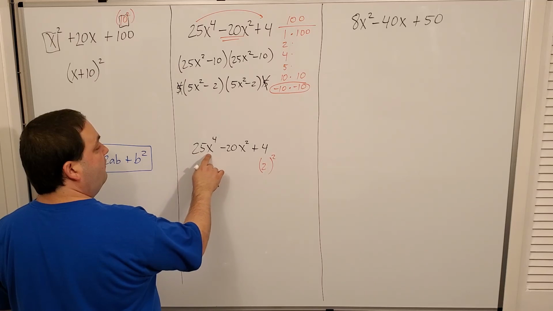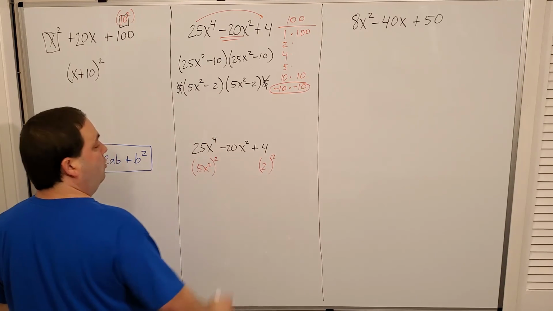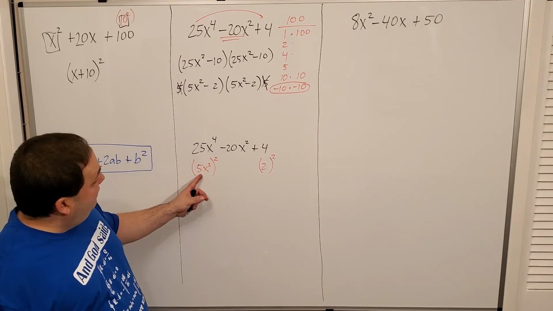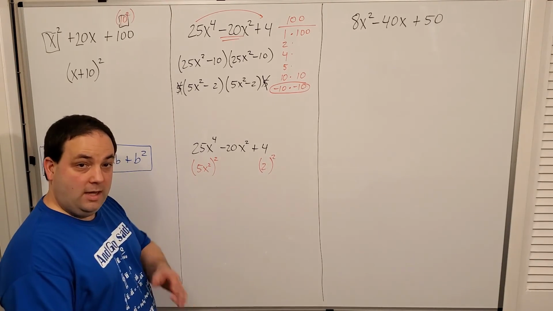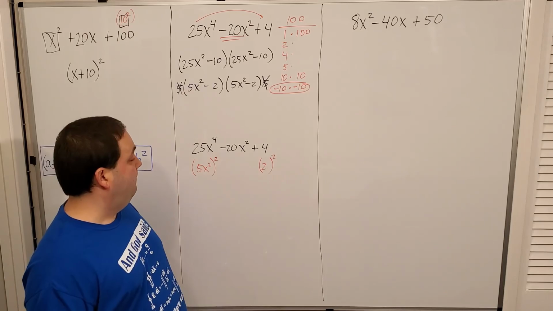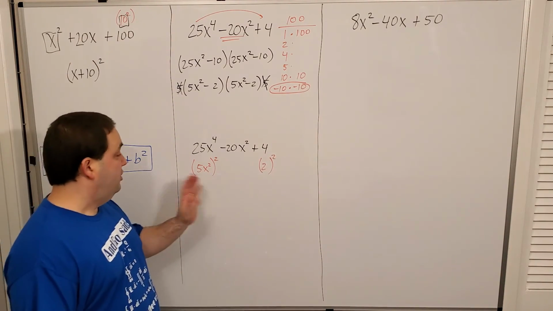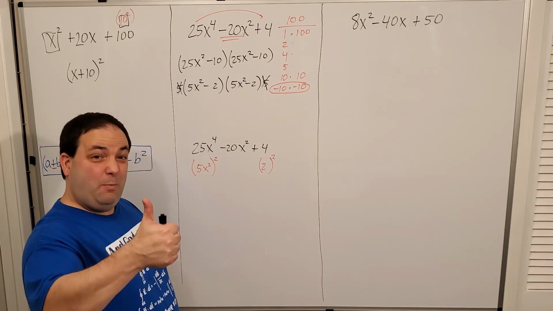And 25x to the 4th is 5x squared all squared. Okay? So 5x squared times 2 is 10x squared, is it not? Because 5 times 2 is 10. And if you double that, remember you have to double it, double of 10x squared is 20x squared. So that means it fits the pattern.